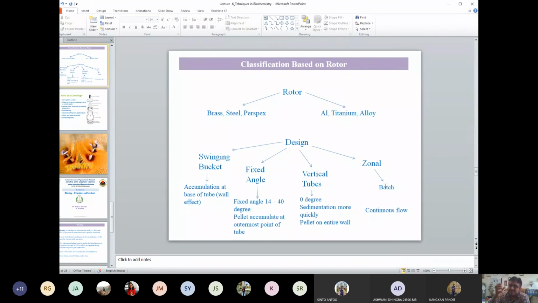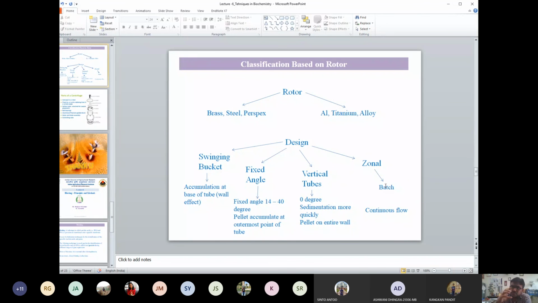Easily anybody can lift them, and this is one of the major problems when working in your lab, because every time you have to remove your rotor and put it back. A few times it's okay, but every time you have to lift a 3-4 kg or 5 or 6 kg rotor, or even more, it becomes difficult. So alloy based rotors are lighter, with high tensile strength and high durability. These are some of the classifications.